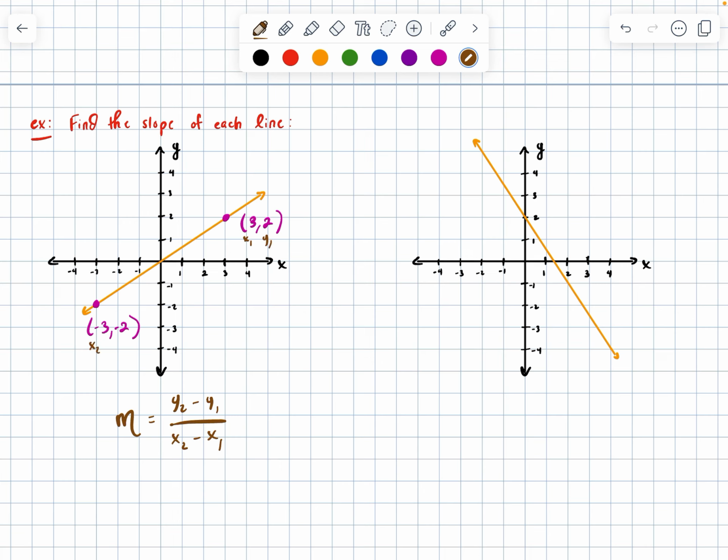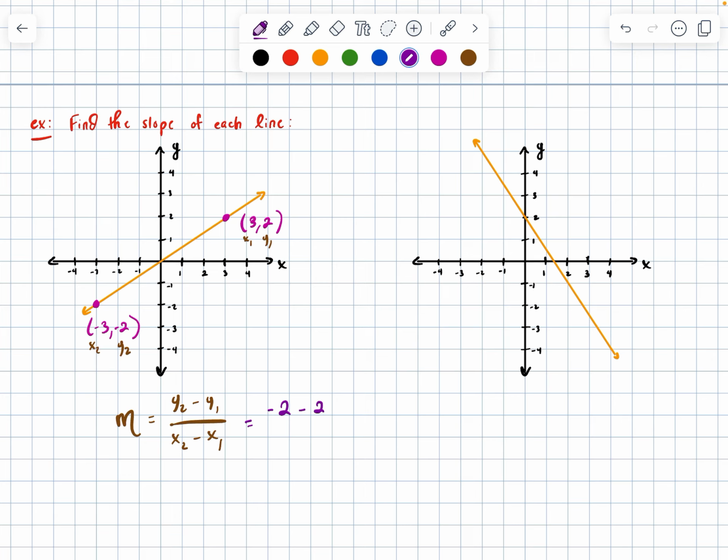As I'm using my slope formula, what I like to do, as I'm getting familiar with it, is label my points to make it clear which one is the first point and which one is the second point. When I use this, I can see that all I need to do is substitute in.